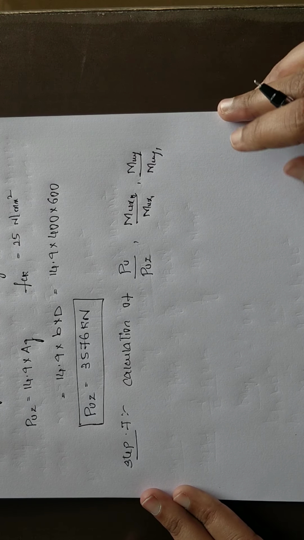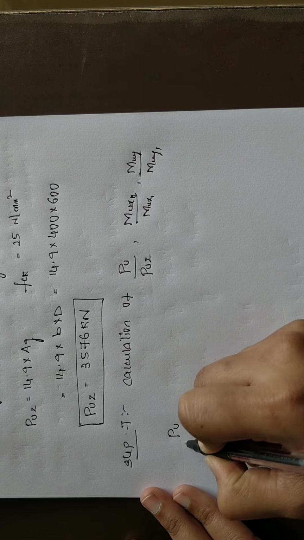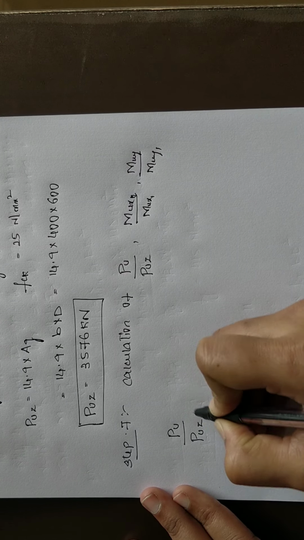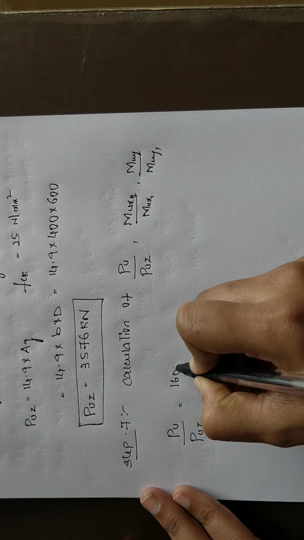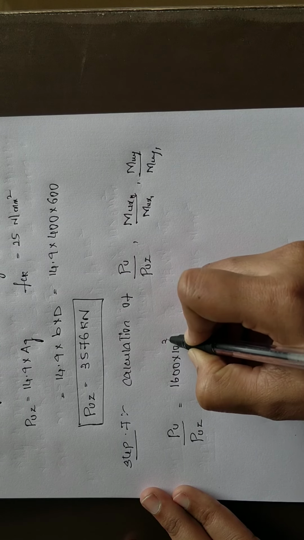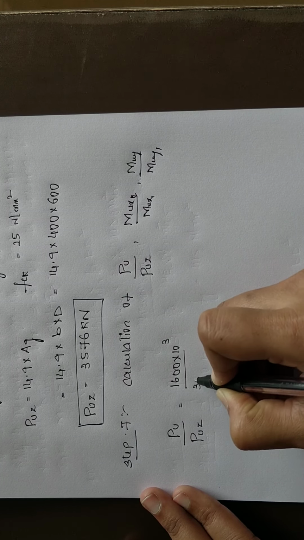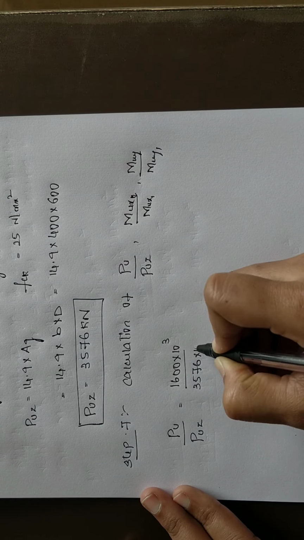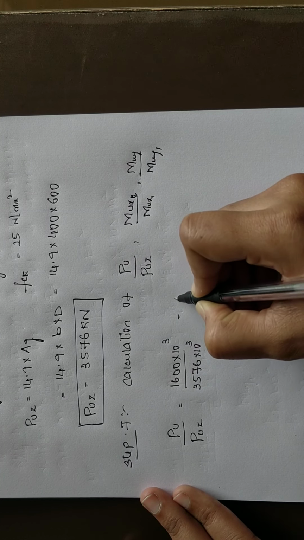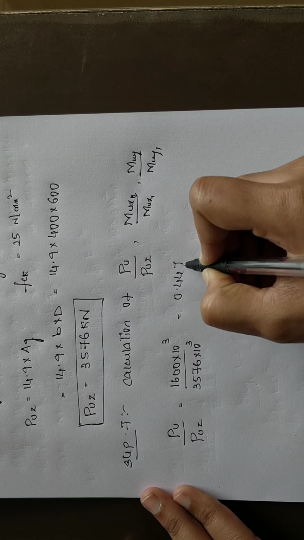Calculate the ratios. First ratio is PU by PUZ, that will be equal to 1600 into 10 to the power of 3 divided by 3576 into 10 to the power of 3, that will be equal to 0.447.